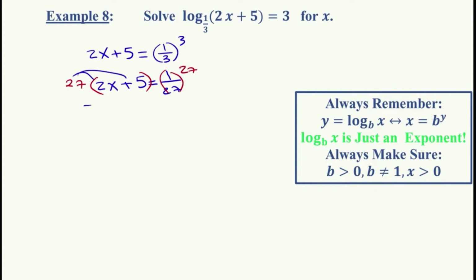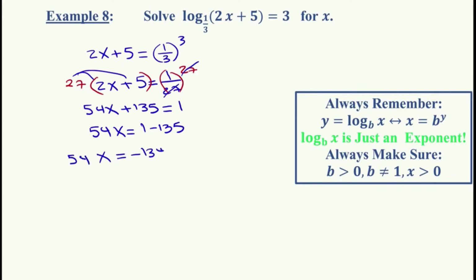So we're going to get 54x plus 5 times 20 is 100, 5 times 7 is 35, so 135 equals, on this side, of course, those cancel out, they just leave us 1. So we get 54x equals 1 minus 135. So x, let's go one more step, 54x equals negative 134.